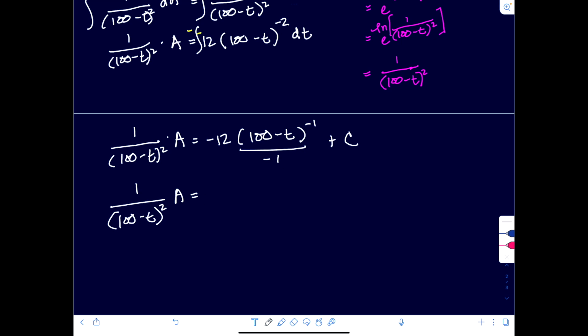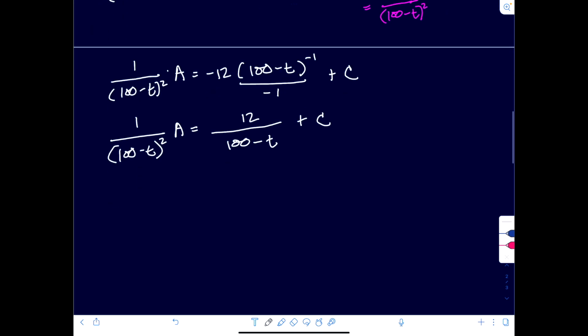All right, so now we want to clear out the 100 minus t quantity squared from the left side. So we'll multiply both sides, including the constant, by 100 minus t, the quantity squared. And then when we do that, we'll get A on the left side, as per our evil plan.